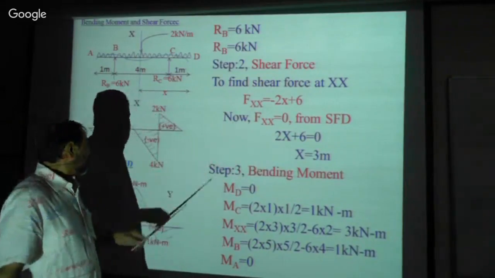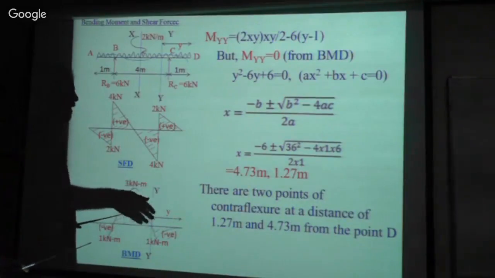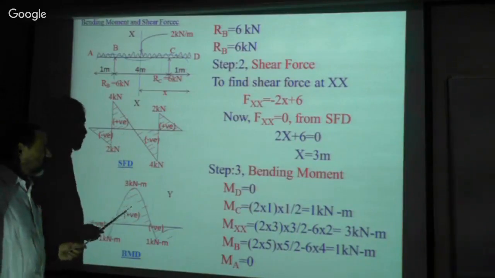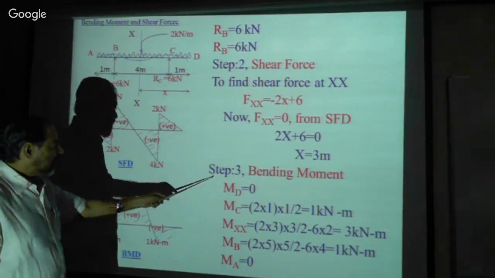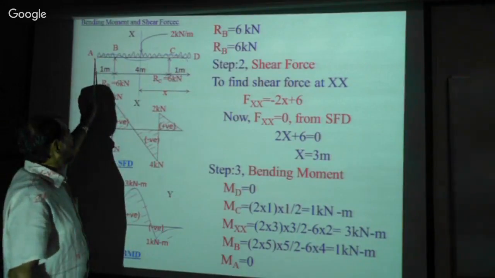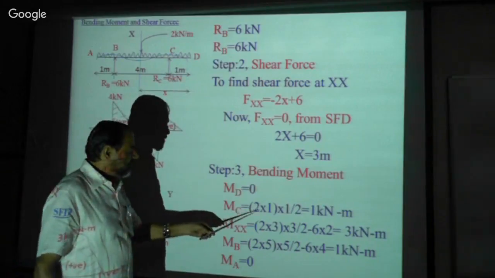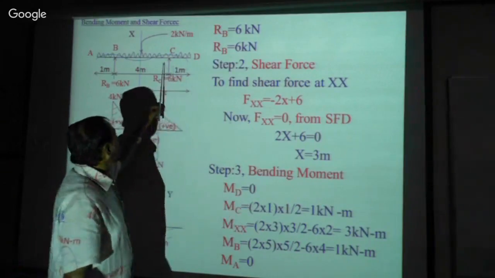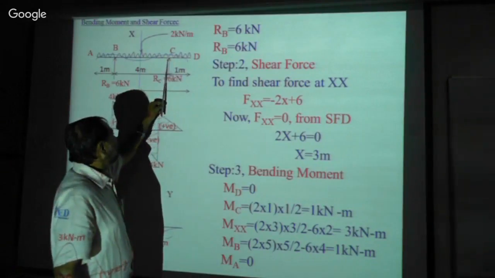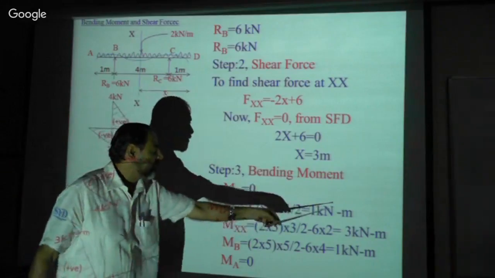Similarly, we can calculate the bending moment. To calculate the bending moment, step 3: at D it is 0, and at A the bending moment is 0. At C, 2 into 1, that is the load, acting at the distance to the center, so 1 by 2, that is 0.5, gives 1 kilonewton meter.